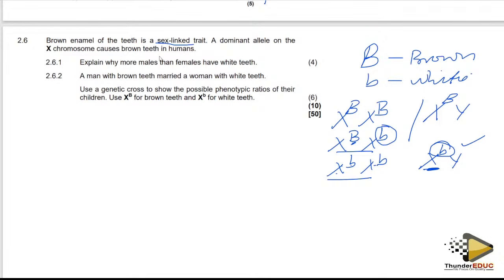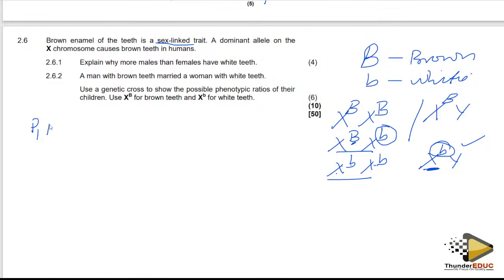What do you do here? Please do not forget that this is a genetic cross. You have to follow all the procedures and all the steps because we mark by steps. You start with P1. P1 means parent 1.